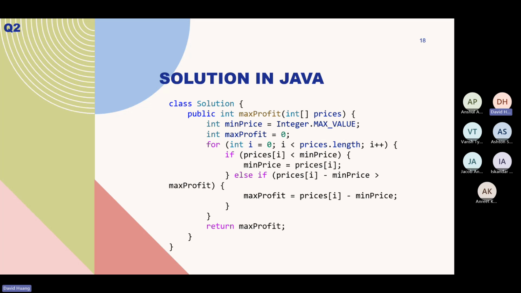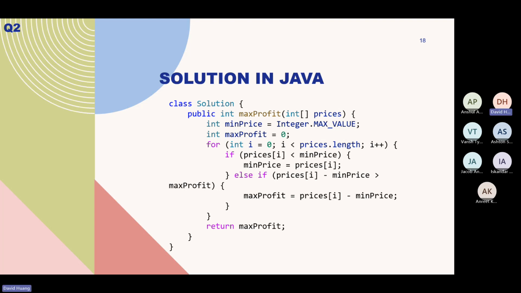So here we put min price equals Integer.MAX_VALUE. Why we do that is we want to put an upper boundary, so any min price will replace the maximum value. Integer maximum value is basically the maximum number for an integer.